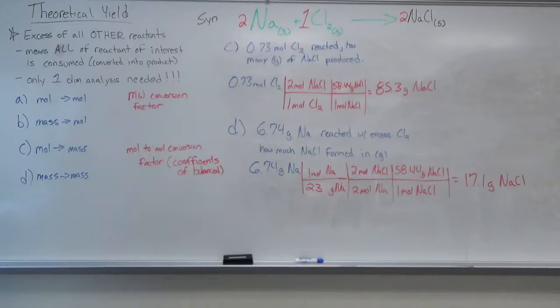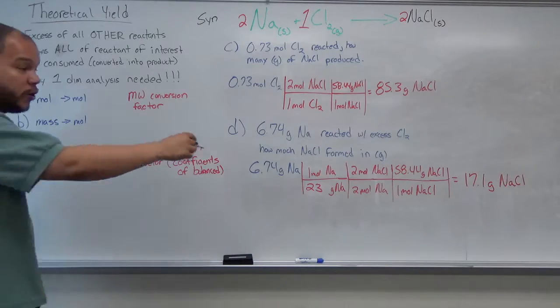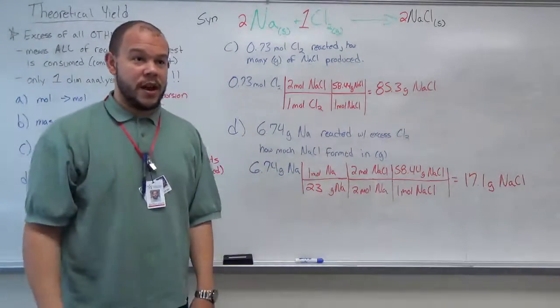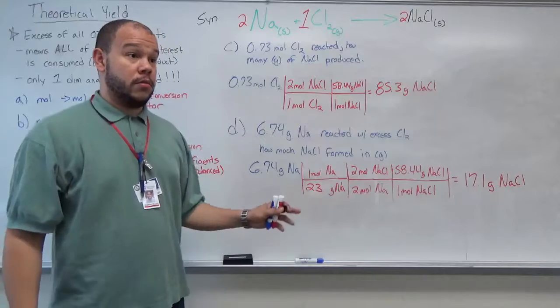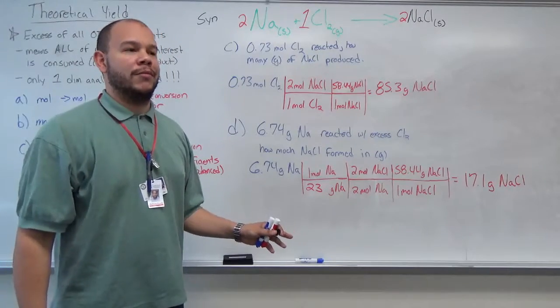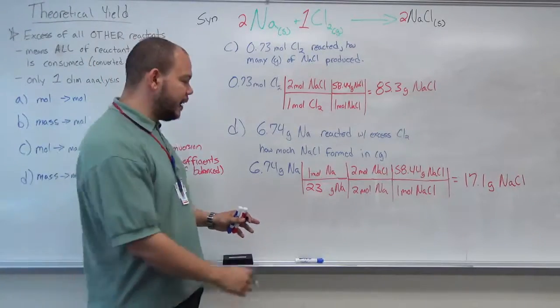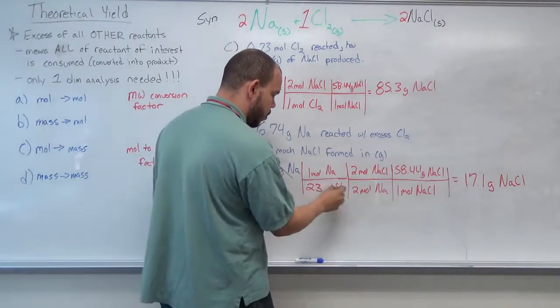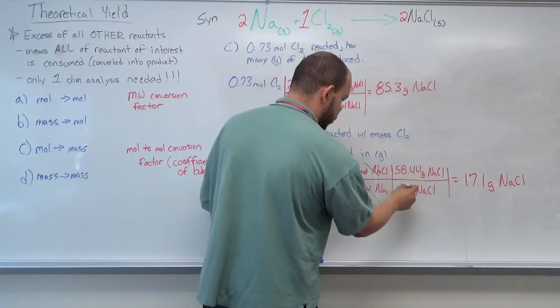Again, if you are unsure, you can always check if your units cancel. If your units do not cancel in your dimensional analysis, regardless of the order, then it's going to be wrong almost 99% of the time. Grams of sodium gone. Moles of sodium gone. Moles of sodium chloride gone.